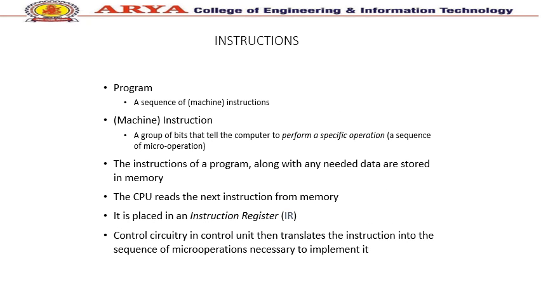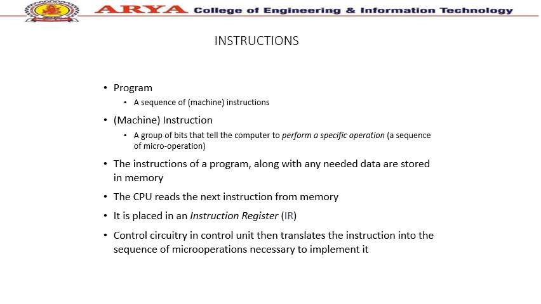Instructions. What is a program? A sequence of machine instructions. Second, a machine instruction is a group of bits that tell the computer to perform a specific operation. It means a sequence of micro operations. Micro operation means elementary operation. Third, the instructions of a program along with any needed data are stored in memory.